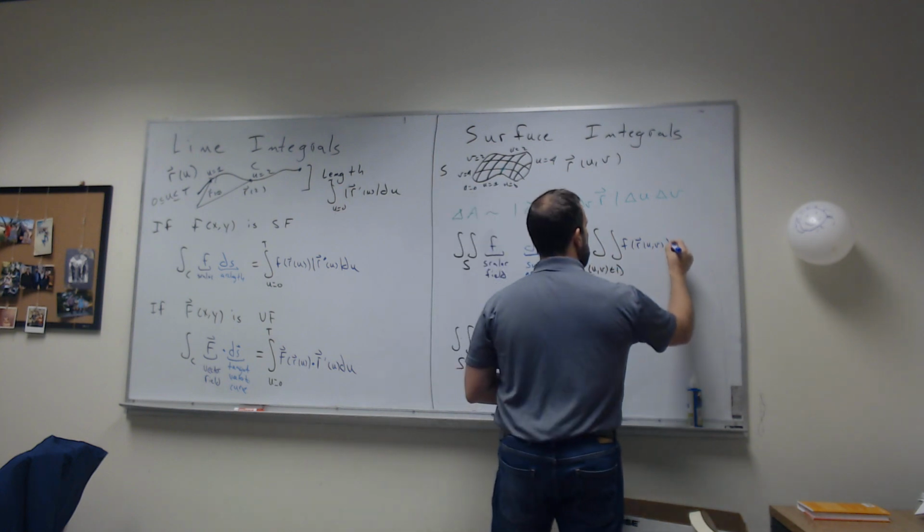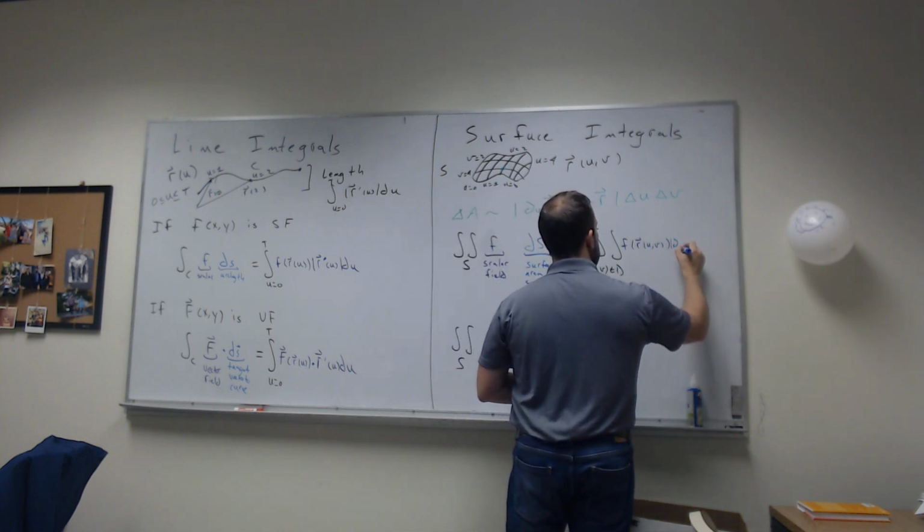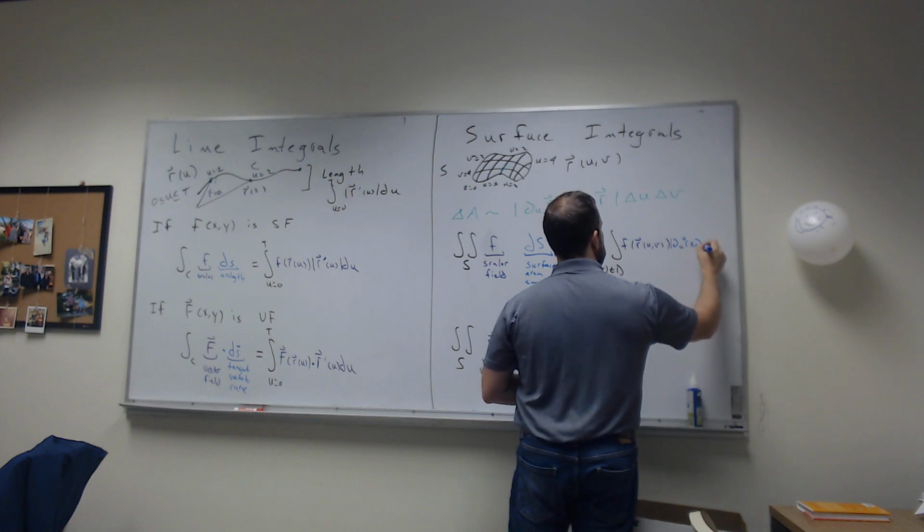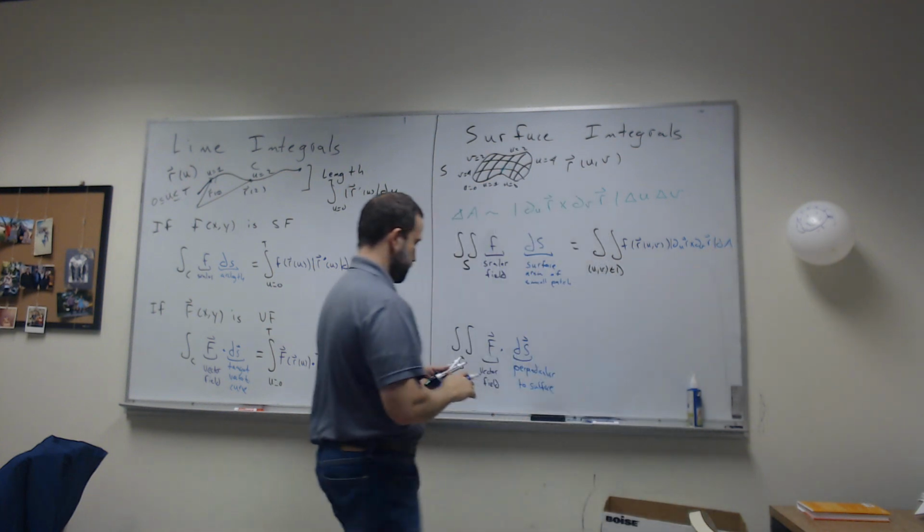So this is going to be equal to the u derivative of r crossed with the v derivative of r dA.